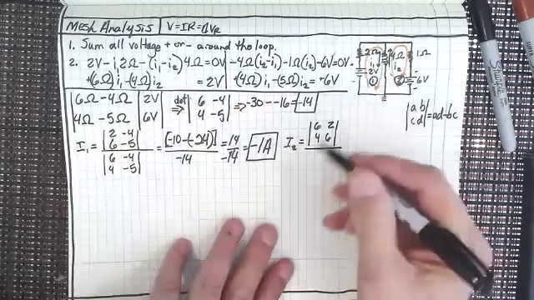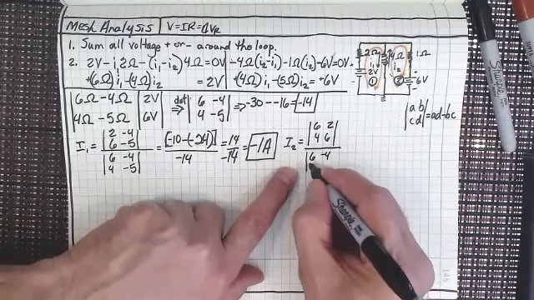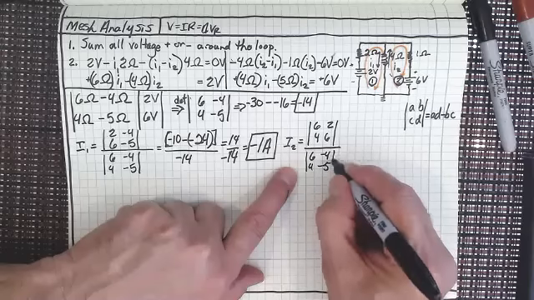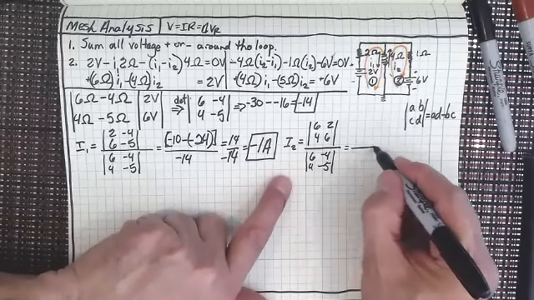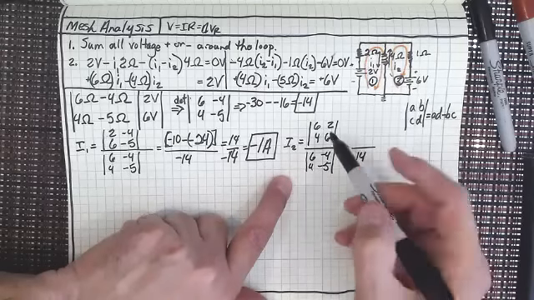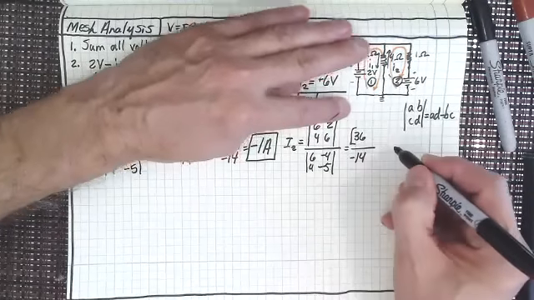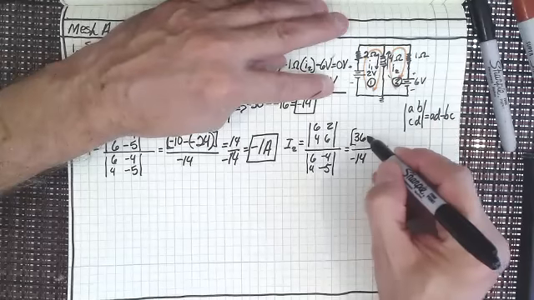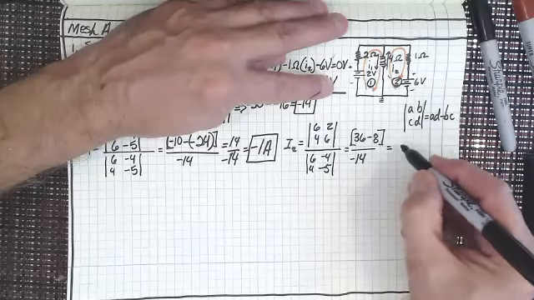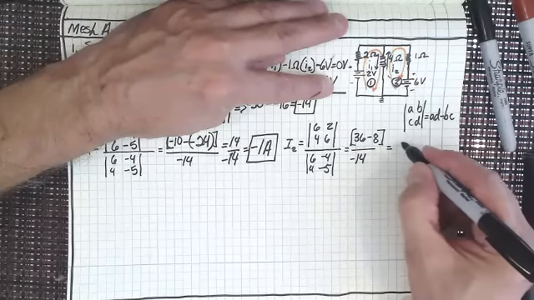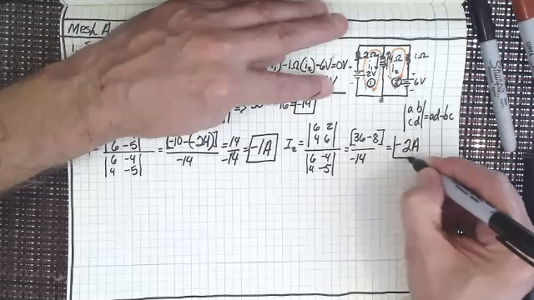I divide it by the original one that we have, 6 minus 4, 4 minus 5, right? Now I know the bottom is minus 14. But the top, 6 times 6 is 36, minus 8. 36 minus 8 is 28. 28 divided by minus 14 is minus 2 amps.